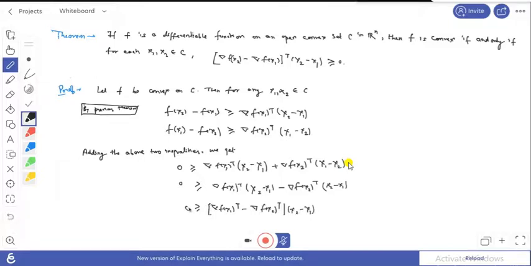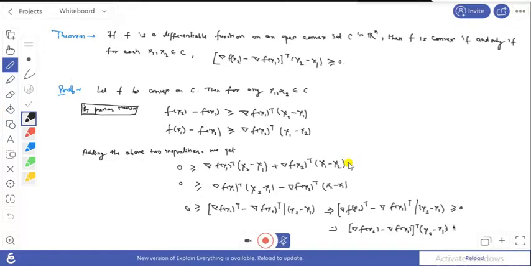So this is less than or equal to 0, but here you have to prove that it is greater than or equal to 0. So we write gradient of f(x2) minus gradient of f(x1) and multiply by minus 1, so this becomes this, times (x2 minus x1).